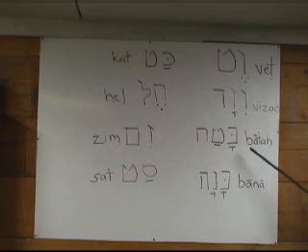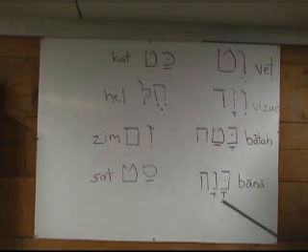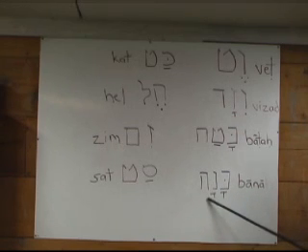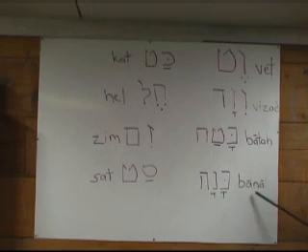So this is batach. Remember to transliterate het with the dot under the H, batach. This one is bait with the comets, nun with the comets, and then hey. So this is bana. Bana is how you pronounce that one.